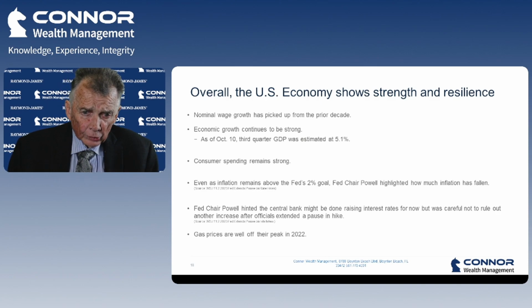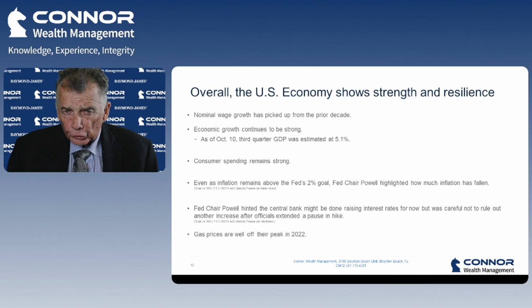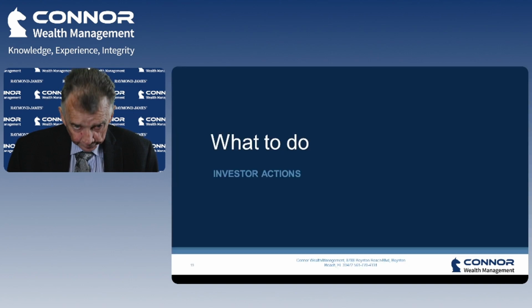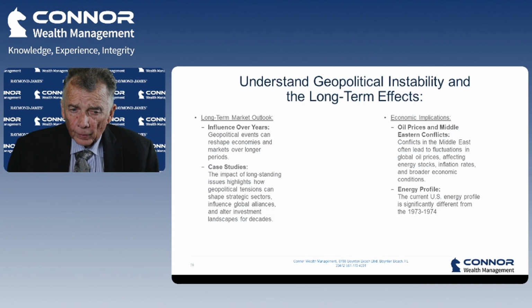Consumer spending remains strong. And even though we're above the 2% goal of the Fed, so much has worked positively. As we said, the Fed chairman has hinted the Federal Reserve might be done raising rates. And everybody knows this. If you go to fill up your car, it's a lot cheaper now than it was last year.